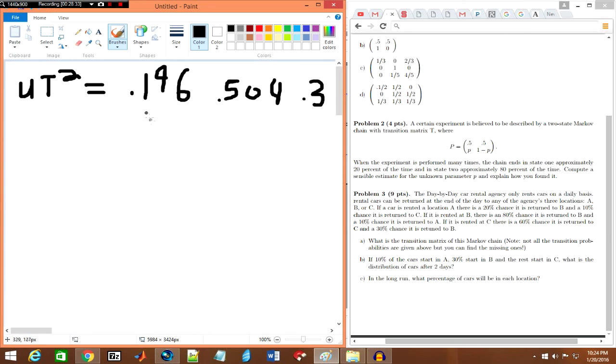What this means is that 19.6% of the cars in 2 days were at A, 50.4% of the cars were at B, and 30% of the cars were at C at the end of 2 days.